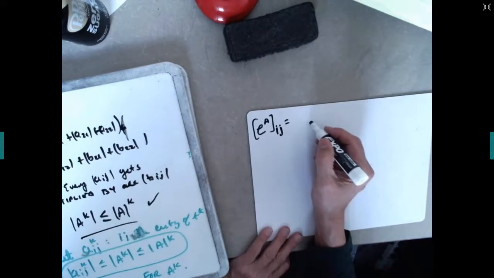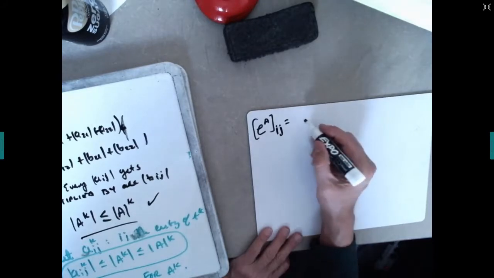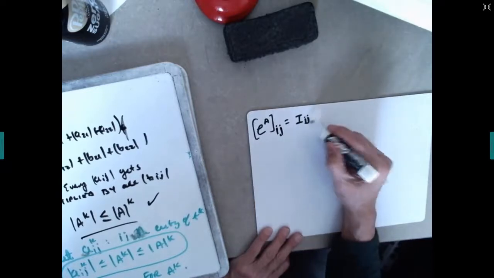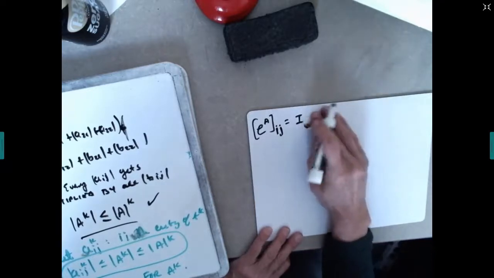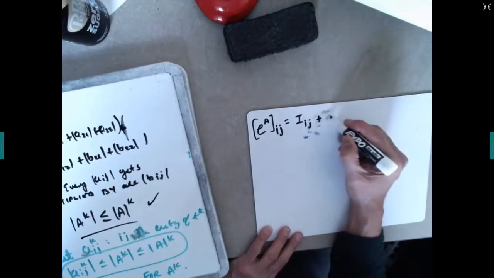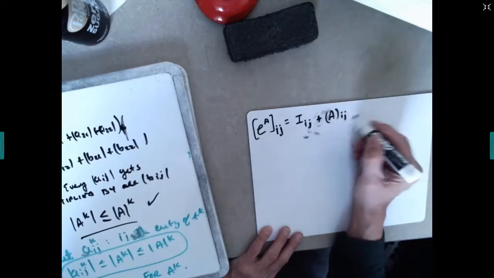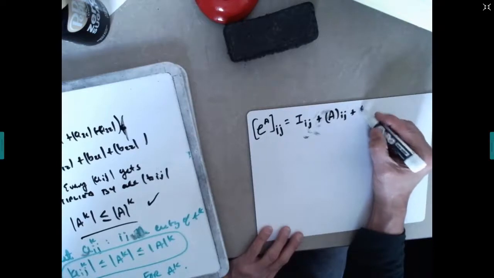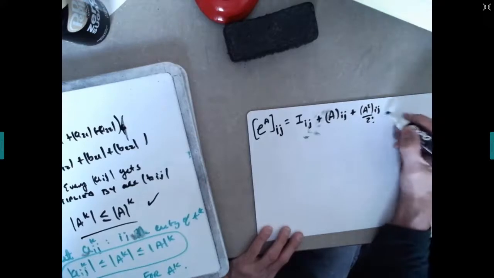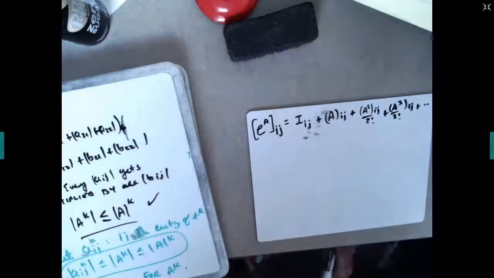Well, its ijth entry is going to be the ijth entry for I, plus the ijth entry for A, plus A squared ijth entry over 2 factorial, plus A cubed ijth entry over 3 factorial, etc., right?